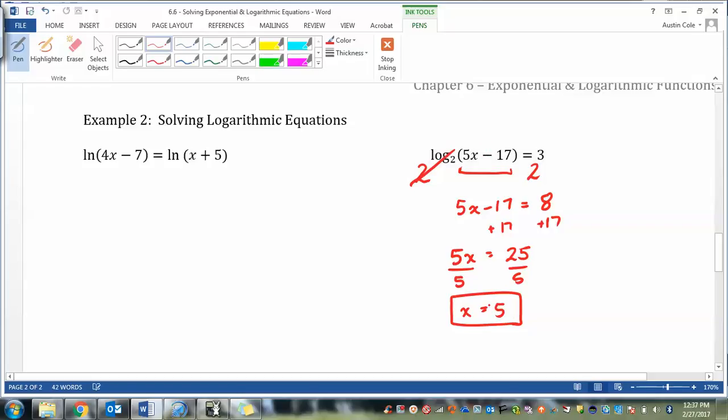Okay, now I've got natural log, so to get rid of natural log, we're going to use e. I'm going to exponentiate both sides using e. Now those will cancel, and I have 4x minus 7 and x plus 5.